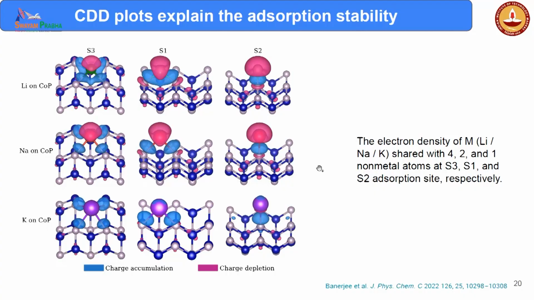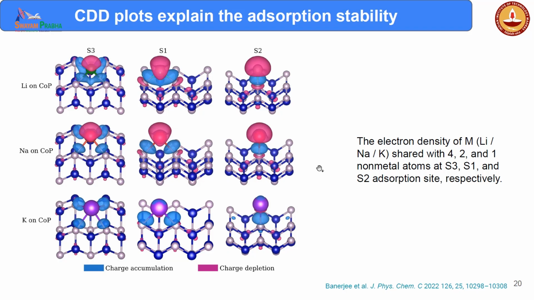That difference is plotted here, where charge accumulation is shown in cyan color and charge depletion is shown in magenta color. Accordingly, you can see from where the charge is depleted for each system. The metal atom, the adsorbed metal atom, is where the charge depletion is happening, and the charge is accumulated on the non-metal atoms, okay?